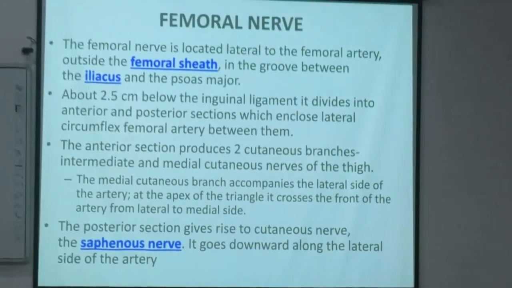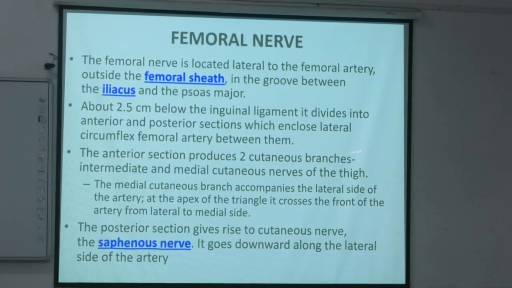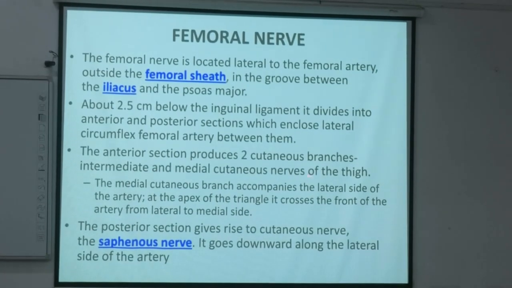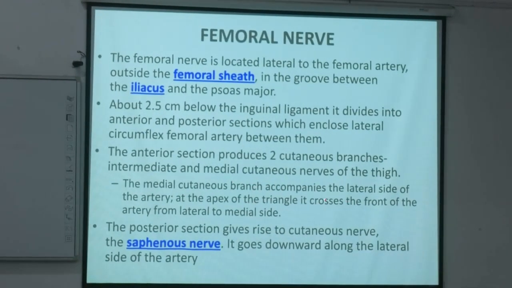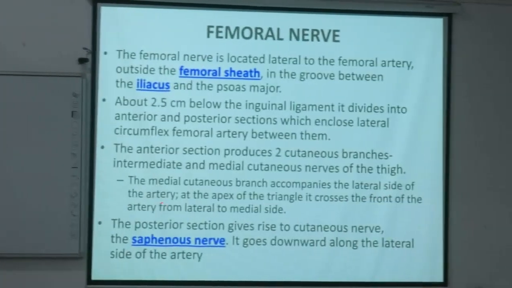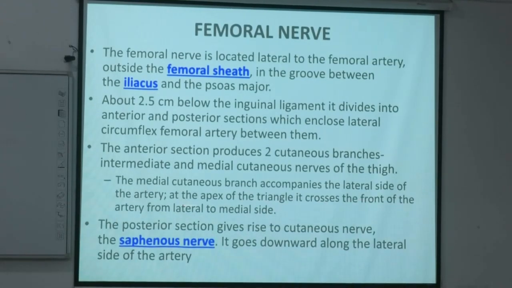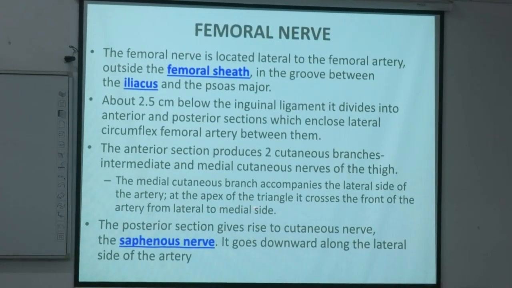Now, what are the branches from this anterior and posterior division? Anterior division produces two cutaneous branches, intermediate and medial cutaneous nerve of the thigh. Medial cutaneous branch accompanies the lateral side of the artery, and at the apex of the triangle it crosses the front of the artery from lateral to medial.